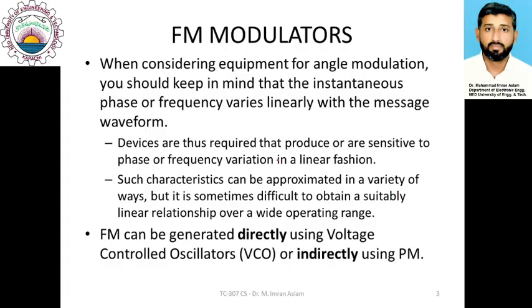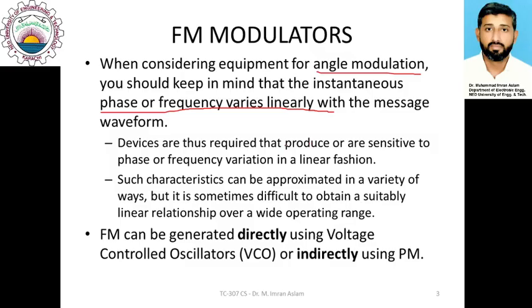One thing that you should realize is that for FM and PM, in both cases we are actually modulating the angle, so either frequency is changing or the phase is changing, and we want phase or frequency to change linearly with the message waveform. So these schemes require a linear relationship between message waveform and the phase or frequency of the sinusoidal carrier.